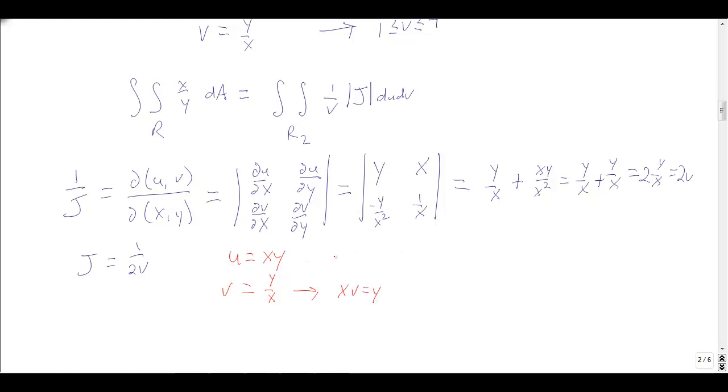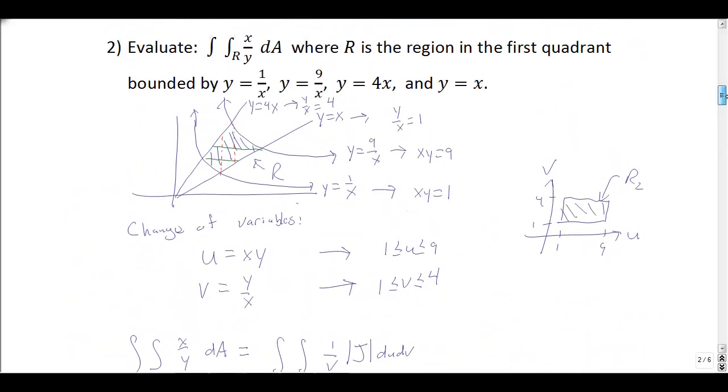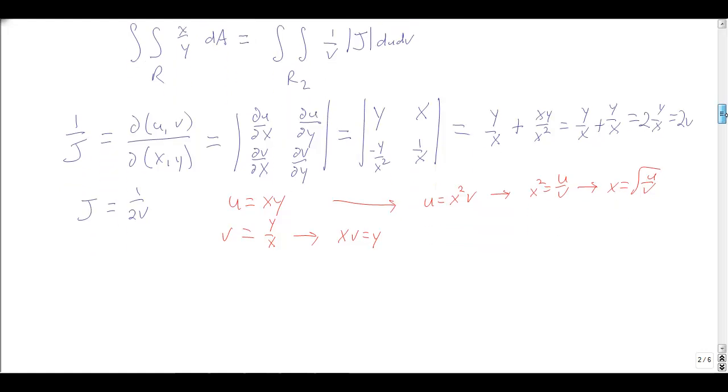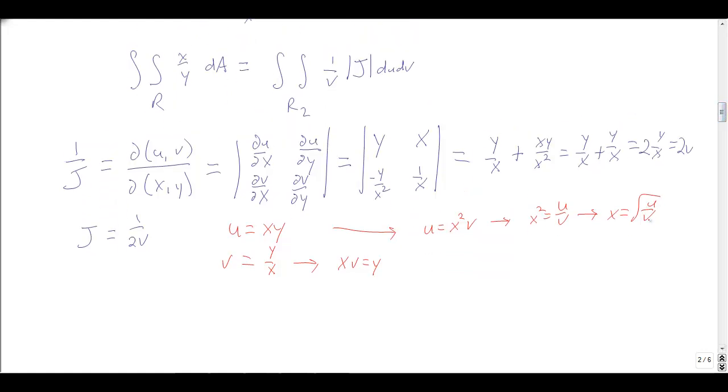And then I can get from the first one, if I know y is xv, u is x squared v. And so this tells me that x squared is u over v, and that gives me x is the square root of u over v. Now it'd be plus or minus, but from our diagram, we're in the first quadrant, we know x is positive. So we get a positive square root. So that's x in terms of u and v.